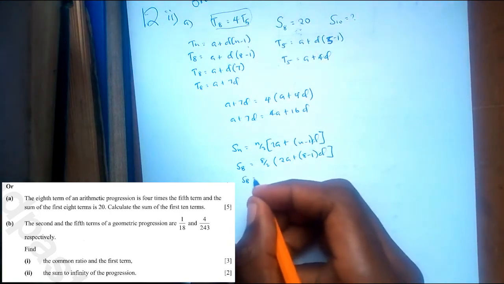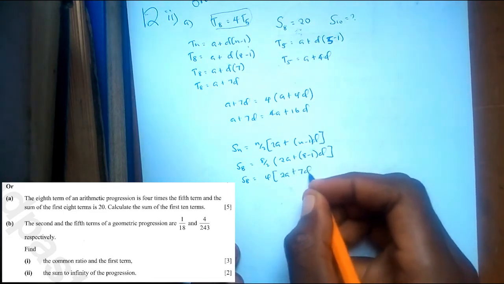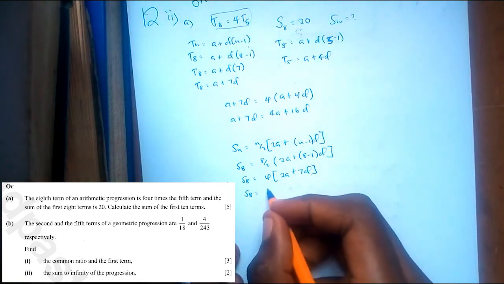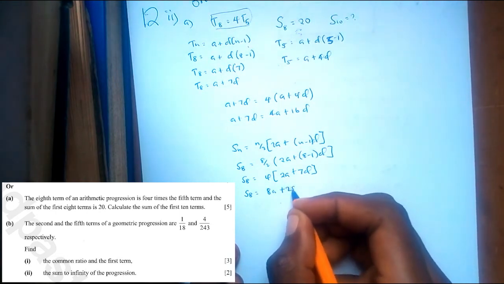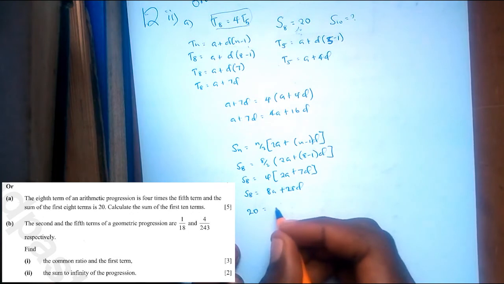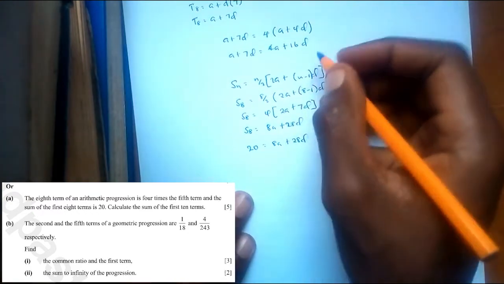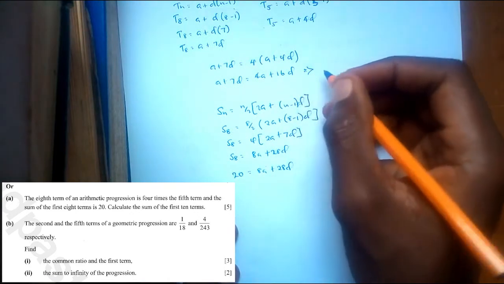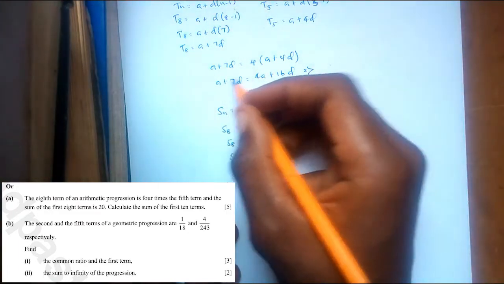So S8 is 4 times 2a plus 7d, which is 8a plus 28d. And we know S8 is 20, so 20 is equal to 8a plus 28d. This can also be simplified into this. These terms on this side go to this side, so when a goes this side, that will be 3a.